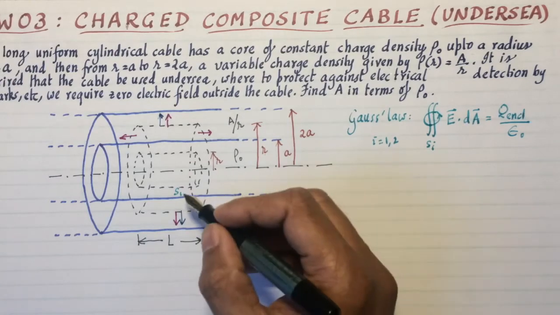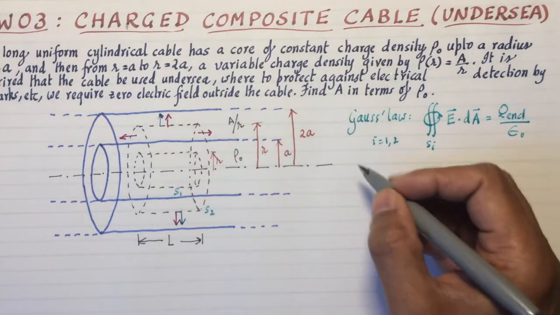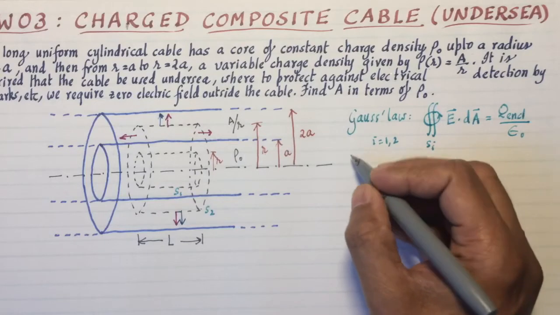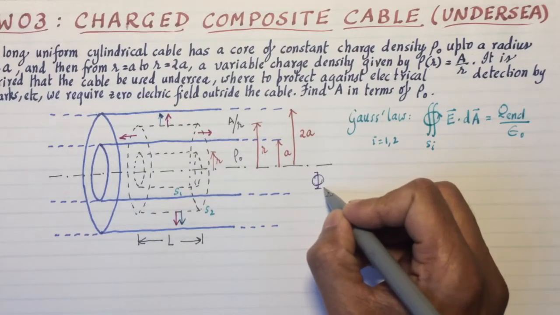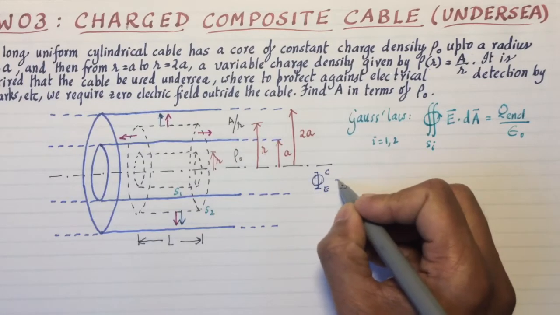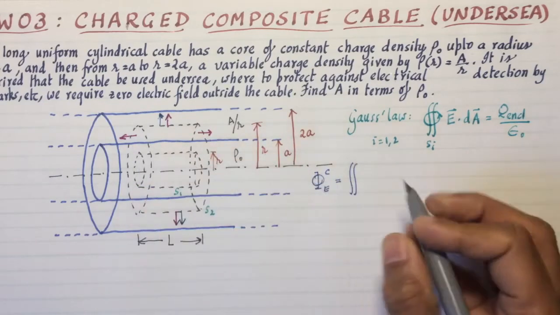The left-hand side of Gauss's law can be dealt with as usual in these cases with cylindrical symmetry. So let's quickly run over that argument. I'm going to get the left-hand side, which can be represented as the electric flux closed, is going to be the double integral over the left surface.